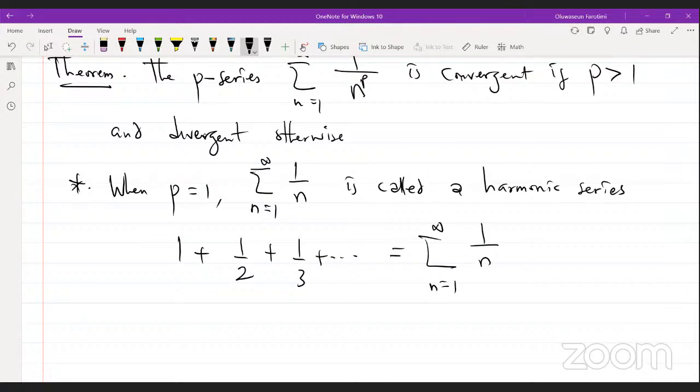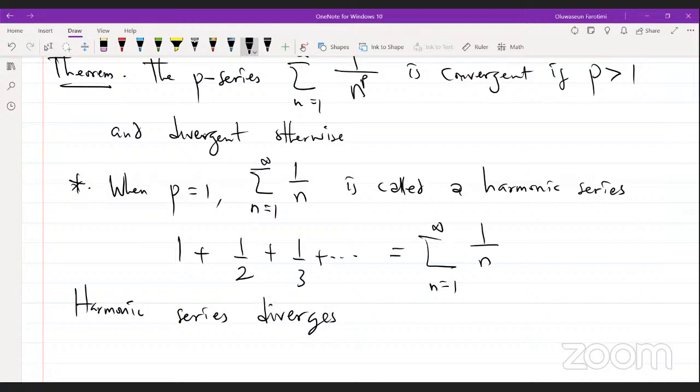Okay, so now can we use this theorem? This theorem says that a P series converges when p is greater than 1. But in this case, what's my p? My p is 1. So we need to say that the harmonic series diverges.